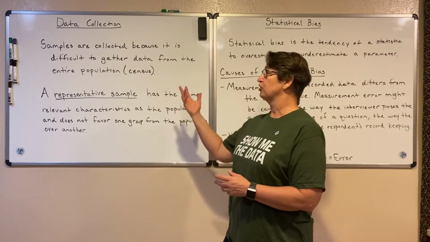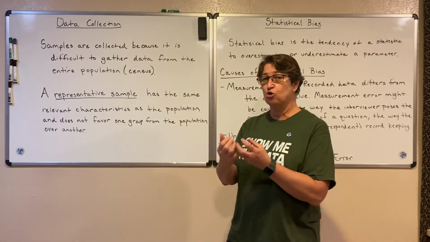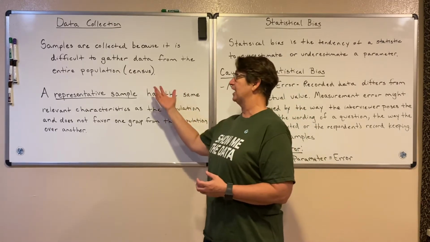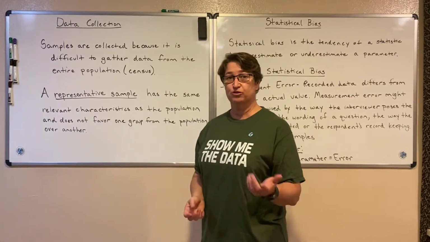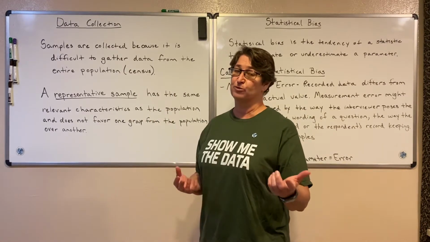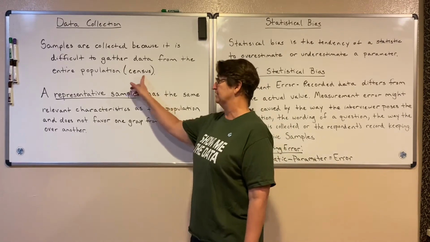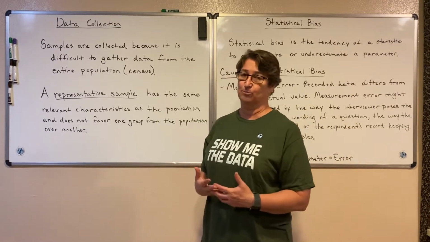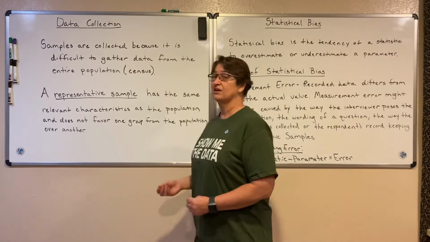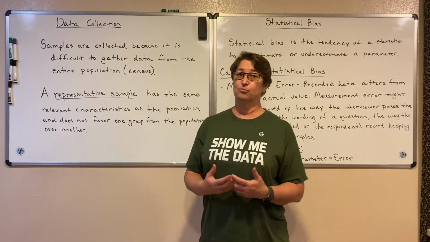And samples are collected because it is so difficult to gather data from the entire population. When we are able to gather data from the entire population, we call that a census. But that's really hard to do. So we just collect samples instead. But that sometimes causes problems.